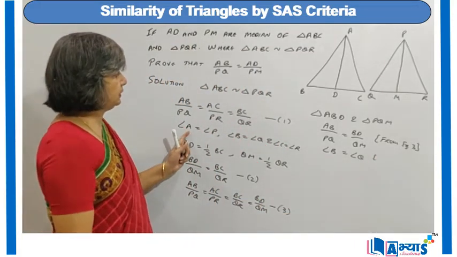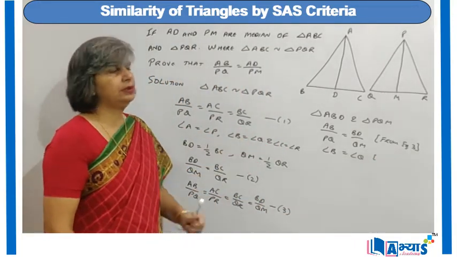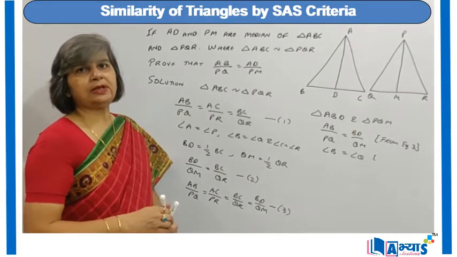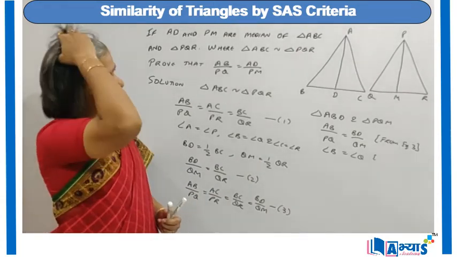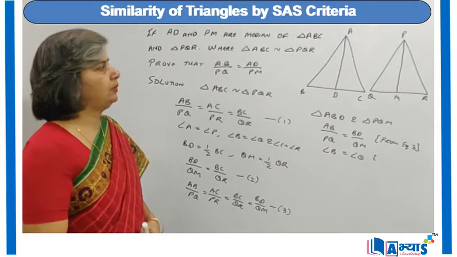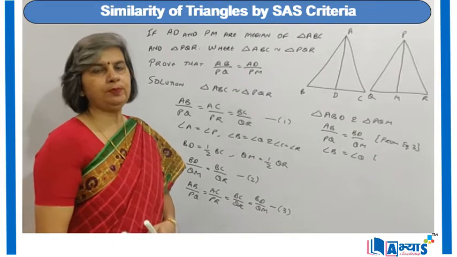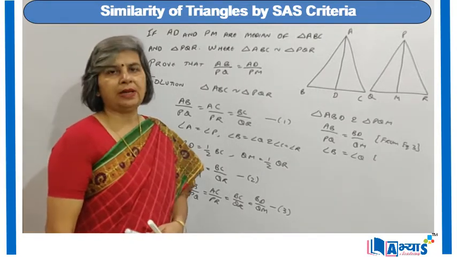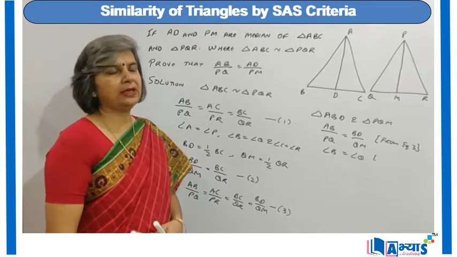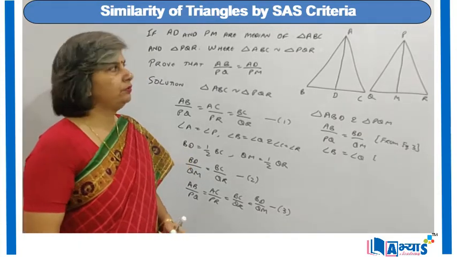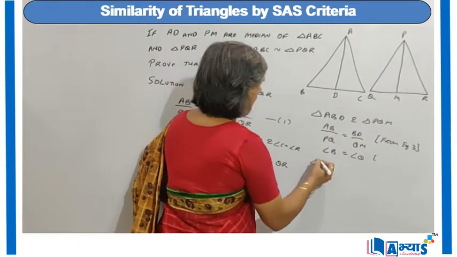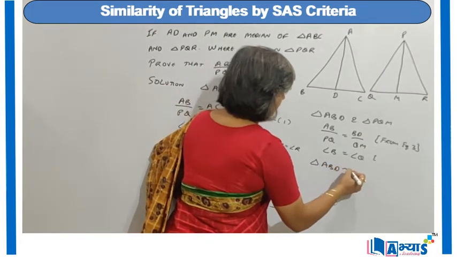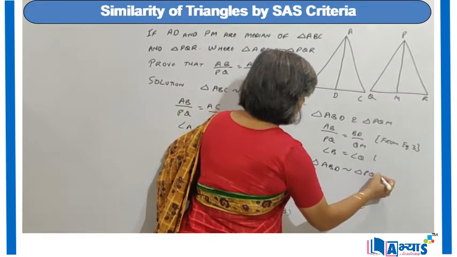It was given to us angle B is equal to angle Q. Now from the SAS criteria of similarity, as the two sides are in ratio, that means AB upon PQ is equal to BD upon QM, and the included angle in these sides, angle B is equal to angle Q. So we can say that triangle ABD is similar to triangle PQM.